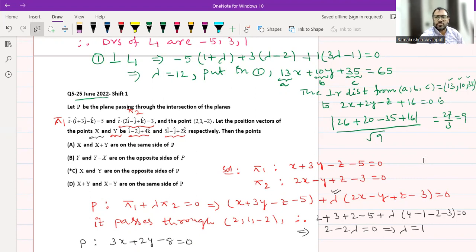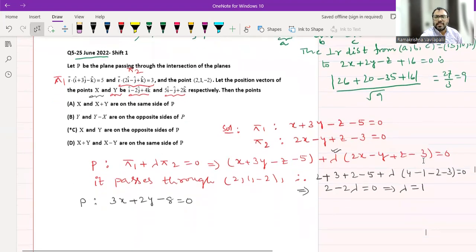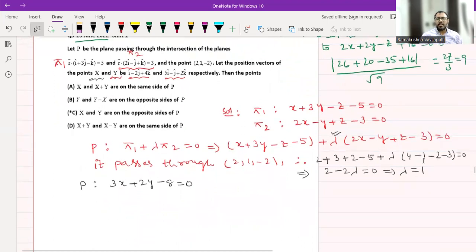So when you substitute these points in the plane, if we get both values positive or both values negative, then they lie on the same side of the plane. When you are substituting 2 points in a plane, if you get opposite sign, then those points lie on opposite sides of the plane.